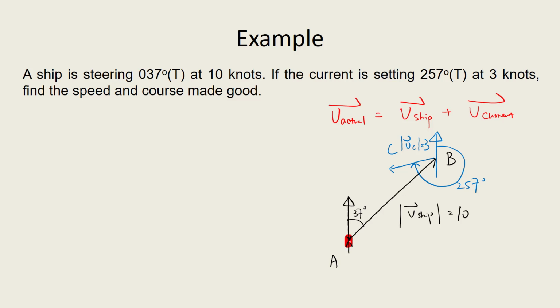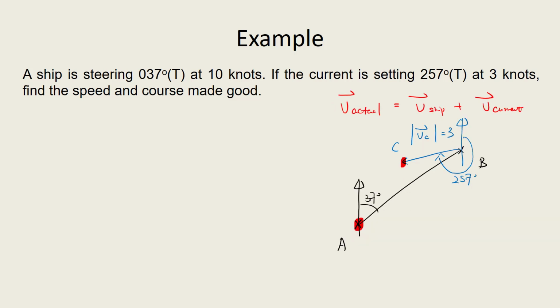Point A is the starting point of this vector diagram. This point C is the ending point of this vector diagram. So eventually, a vector from point A to point C, this vector AC, is the actual velocity of the ship, as vector AC is the resultant vector in this vector diagram.